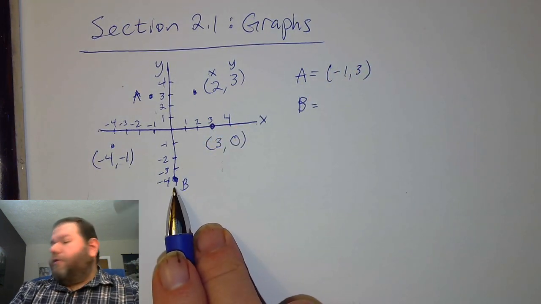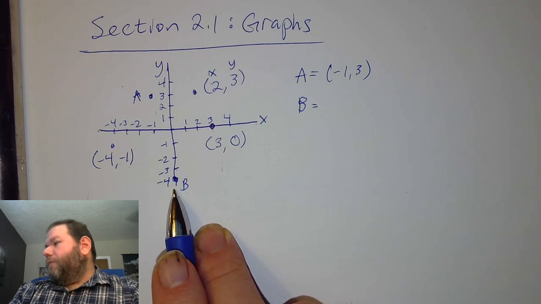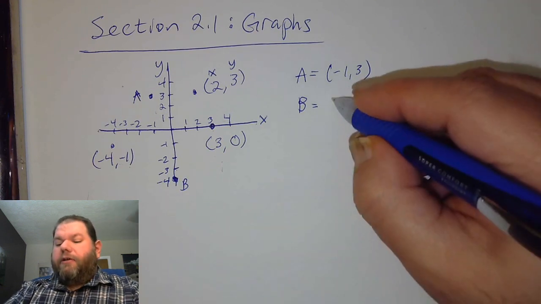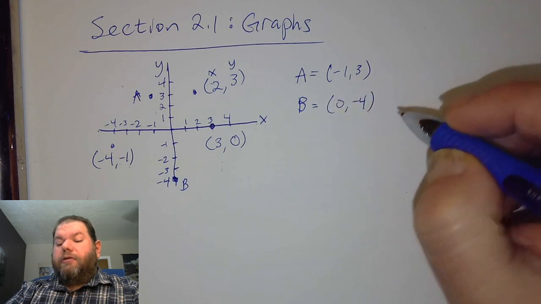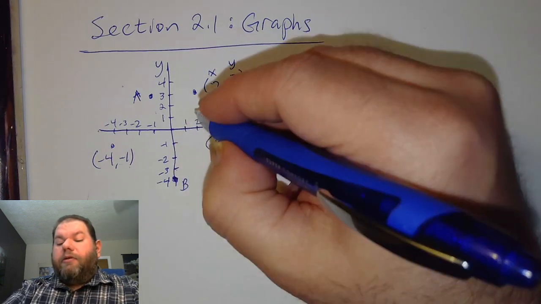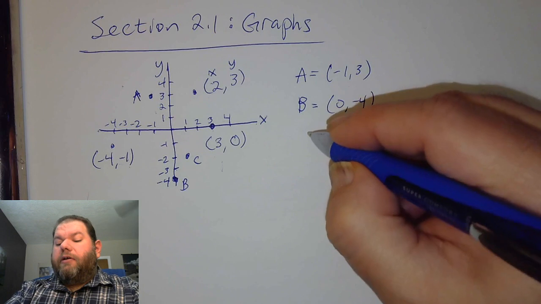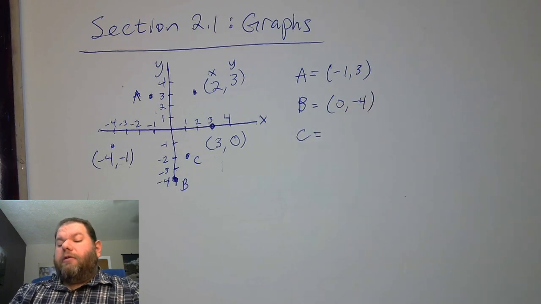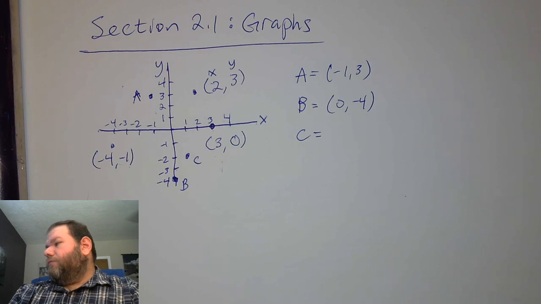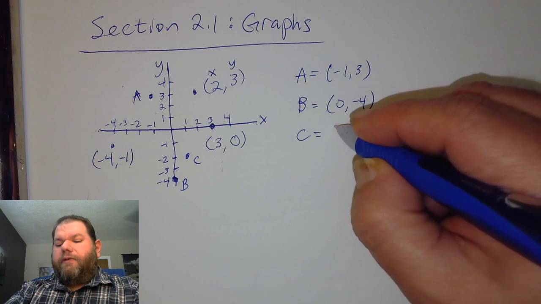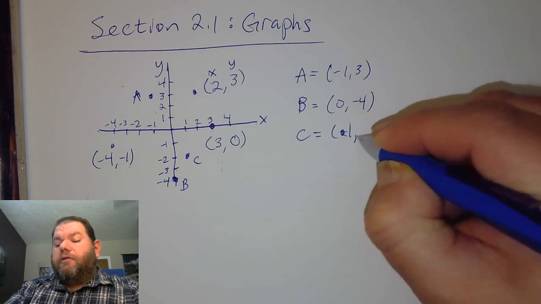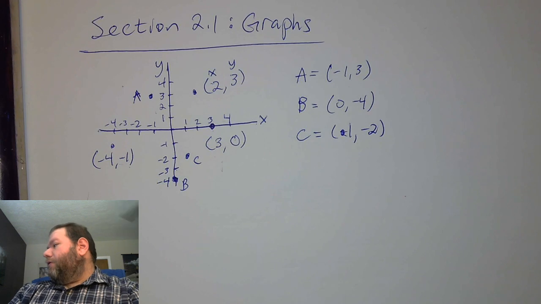Right down here. (0, -4). And let's pick one more. Coordinate C. (-1, -2). There we go. All right.